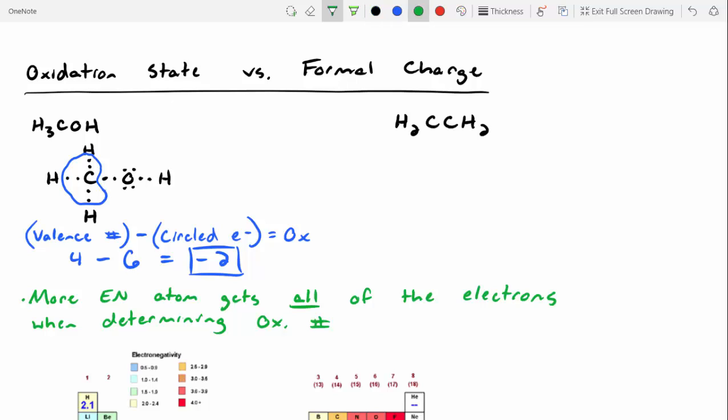And I'll give you guys a hint too. If there's a tie, so if tied, then share. So if you have the exact same electronegativity, then you have to share those electrons between 2 atoms.